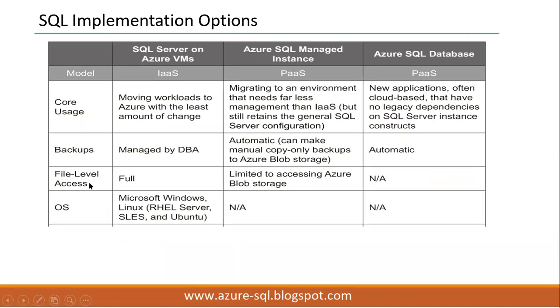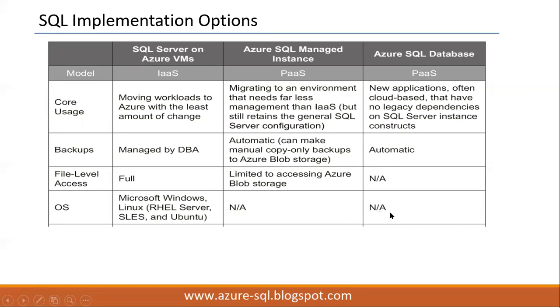The file level access, full access is there, meaning everything is in our control. Here it is limited to accessing Azure blob storage. In blob storage, whatever files are there, our data is there, we can access. We can't access the database files. For the operating system, Windows, Linux, anyone we can use. Here we don't have the choice to use our own operating system, because Microsoft has already created the virtual machine and installed the SQL Server instance.